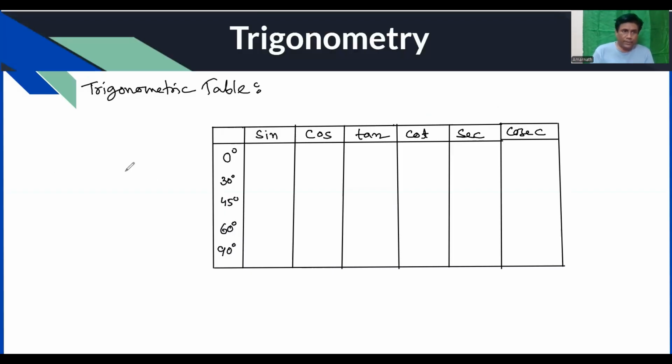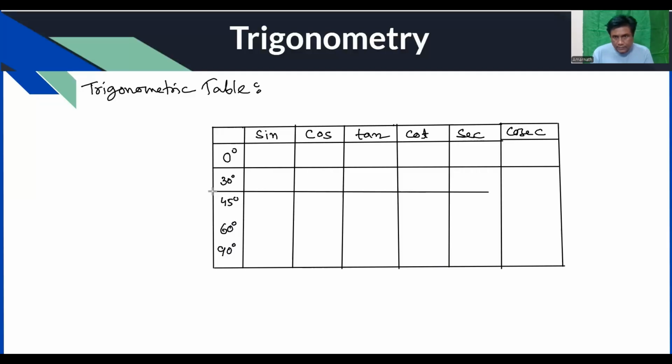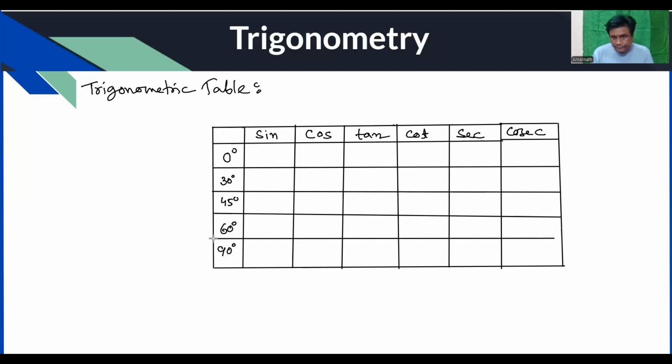Now what you do actually, see. Just blindly, what I am saying, try to follow it. Later I'll explain how it is actually. So I hope you can frame the table.